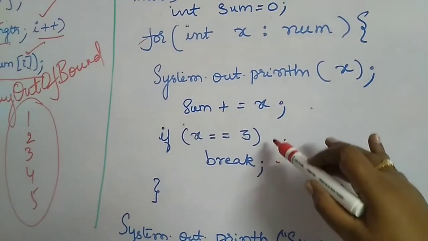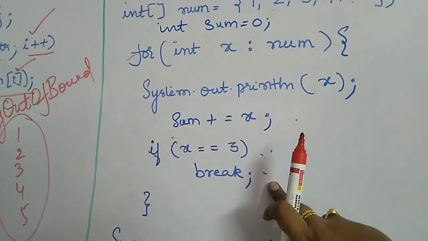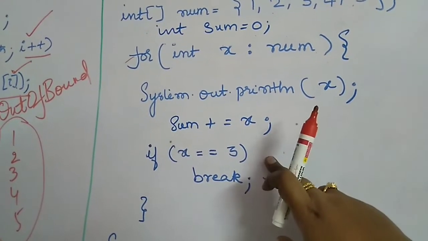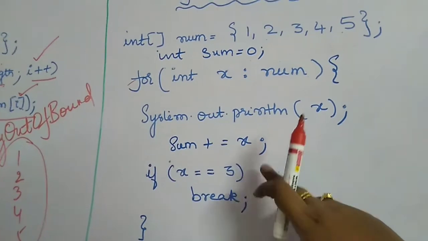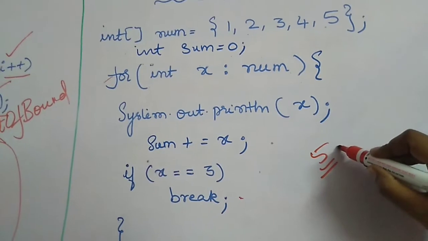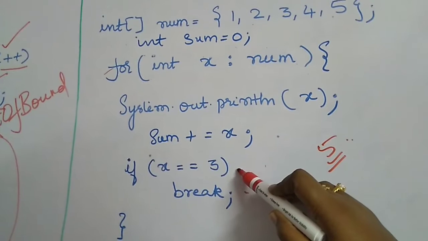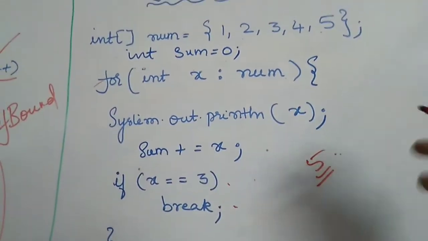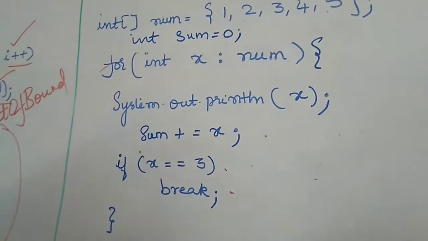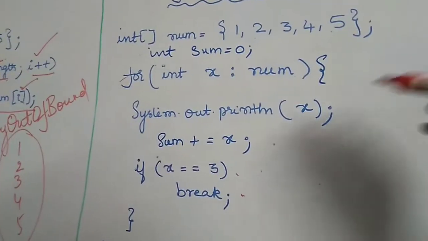I have used break on a condition, so this break will make the loop terminate early when a particular condition is met. The loop would execute 5 times because there are 5 elements, but I am asking it to terminate if the element is equal to 3. If it finds an element equal to 3, it terminates early, else it will loop till the maximum elements in the array. So this is the program, you can make it out.